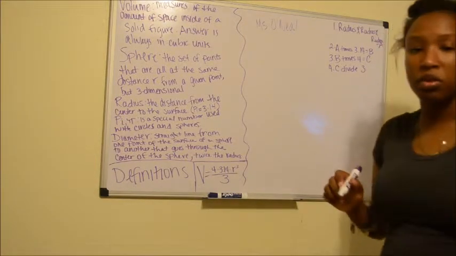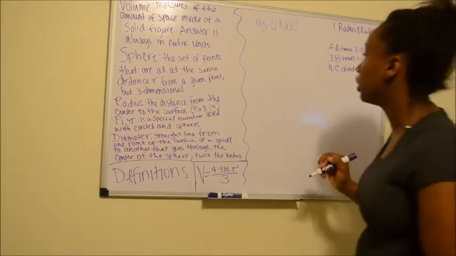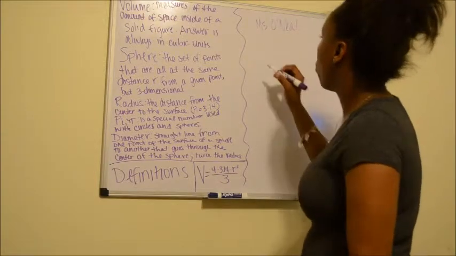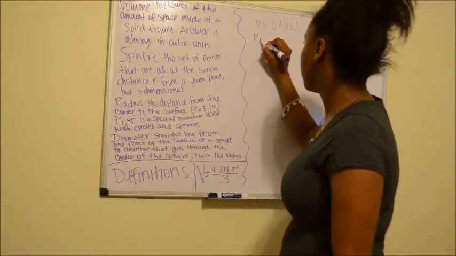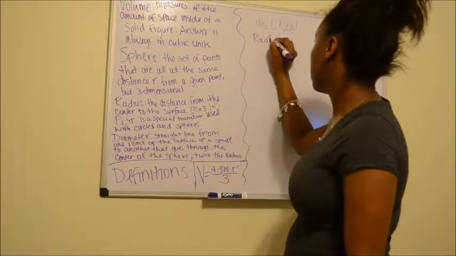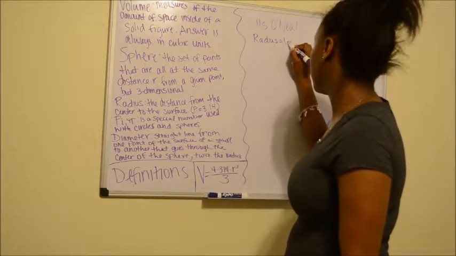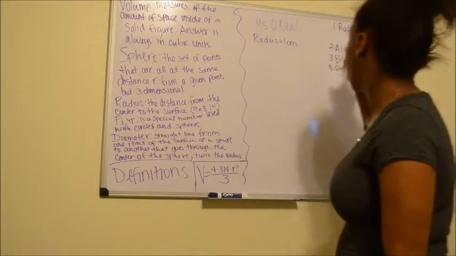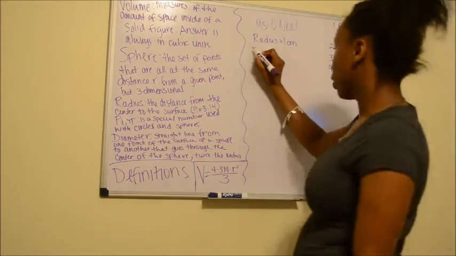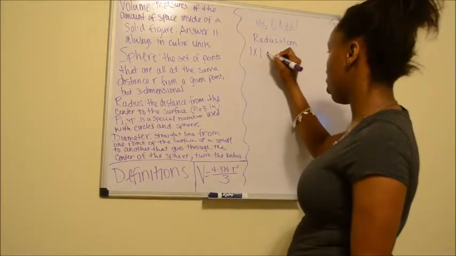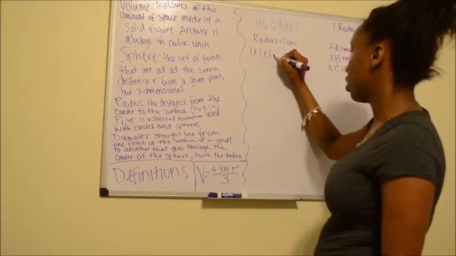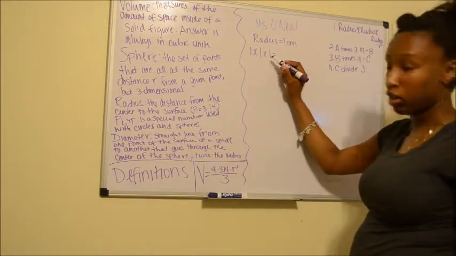Okay, so for the examples, we're going to try one example. Let's start with 1. So our radius equals 1 centimeter. So we're going to plug it in. We're going to do 1 times 1 times 1. 1 times 1 is 1.